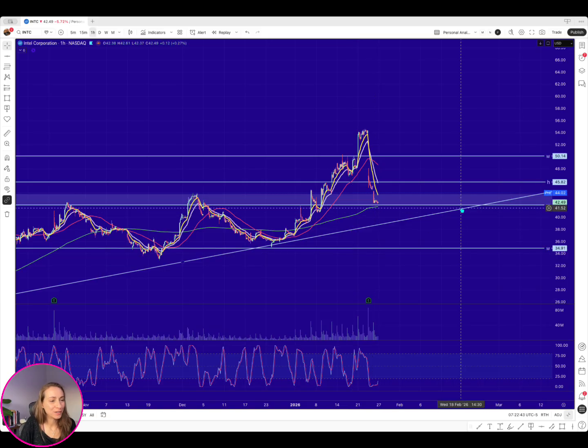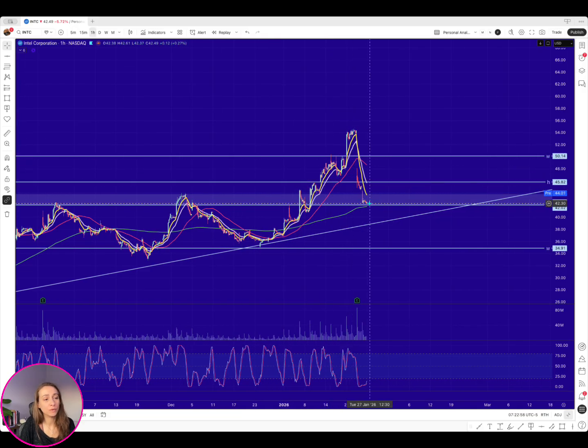What else do I want to share here? This one, again, we can see maybe quick action there, or it could do something like this where it's trying to go up and then comes back down, which sometimes with a sharp move like that, it really is 50-50. You're either going to get some kind of V-bottom or it needs to play out. We never know.